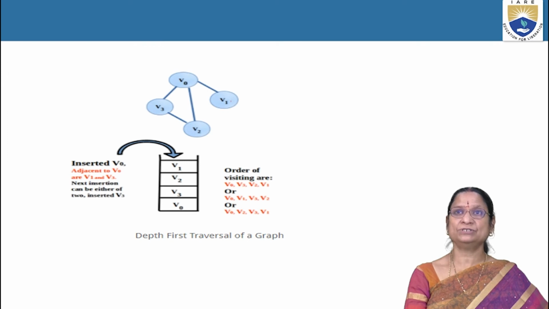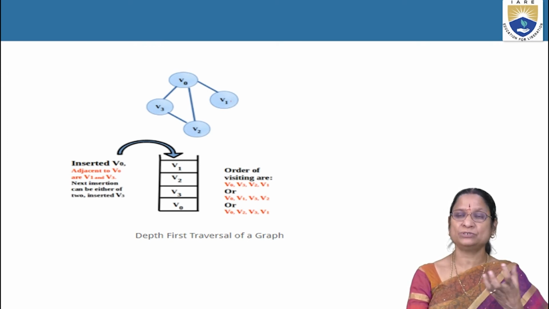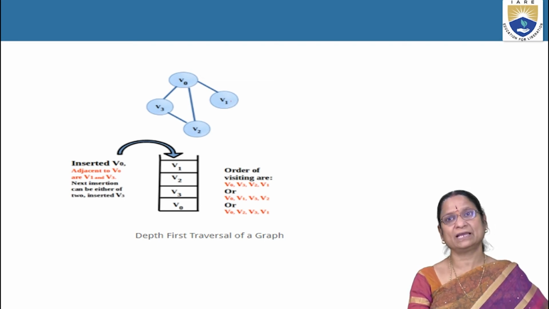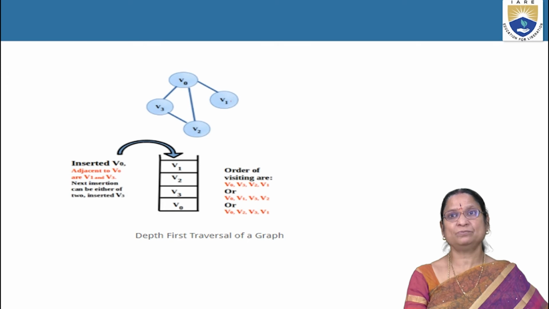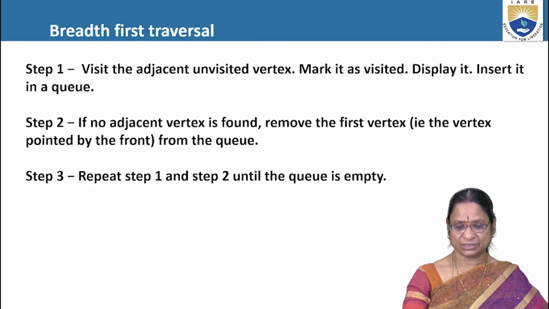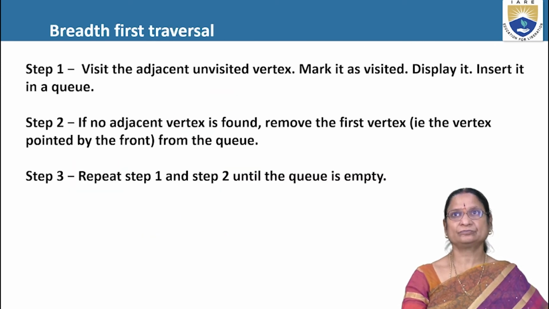Why? Because the vertices are pushed into the stack in some order, and in that order only the popping will be considered. The pushing is done depending upon the adjacency list representation order. So there is no need to worry much about the order in which we are getting.